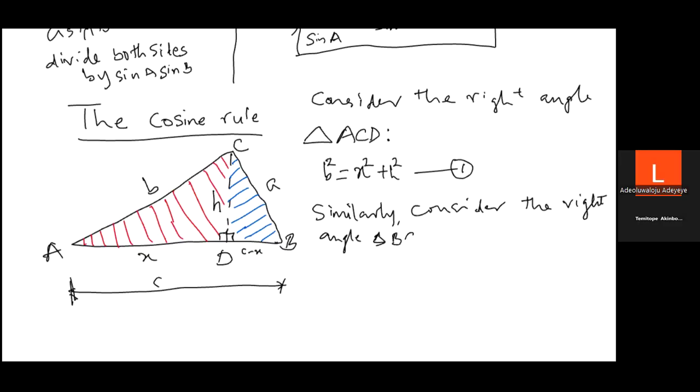That's the blue shaded part. You can also use Pythagoras, with the hypotenuse in this sense being side A, which is side BC. So A squared equals (C minus X) squared plus H squared. Call that equation 2.